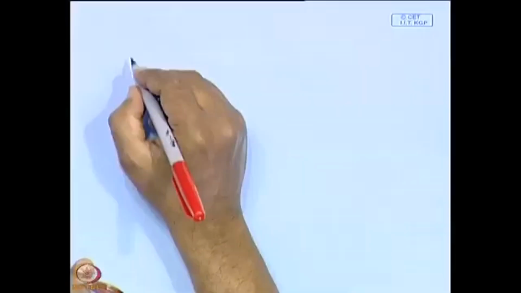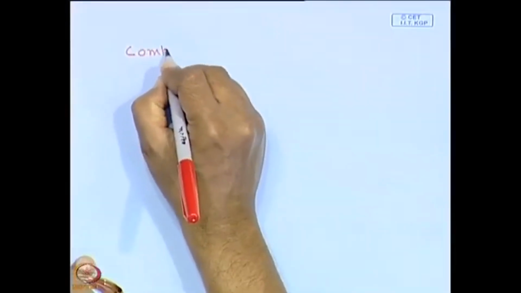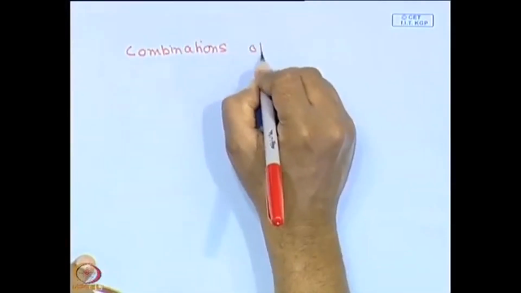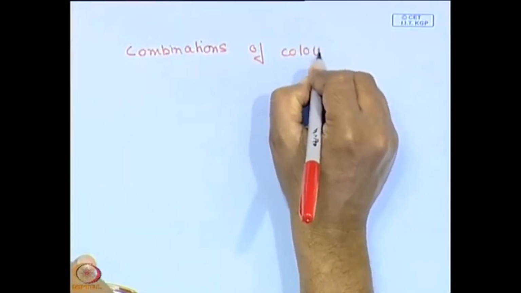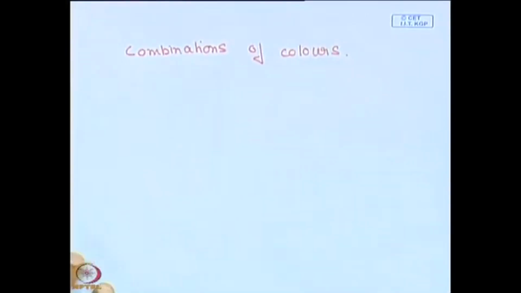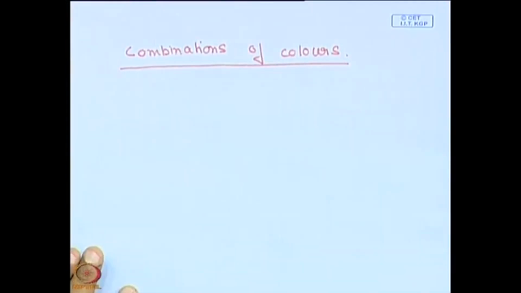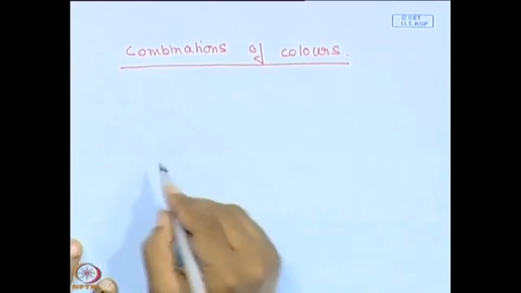And if you have some idea about the spectrum of the source to start with, then one can construct combinations of color. So, one can look at combinations of the colors, and one can then explicitly work out how much absorption has taken place.